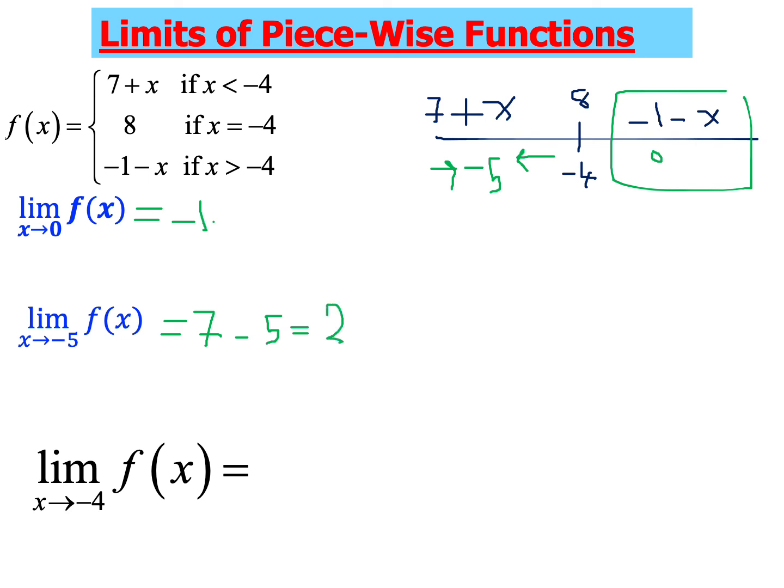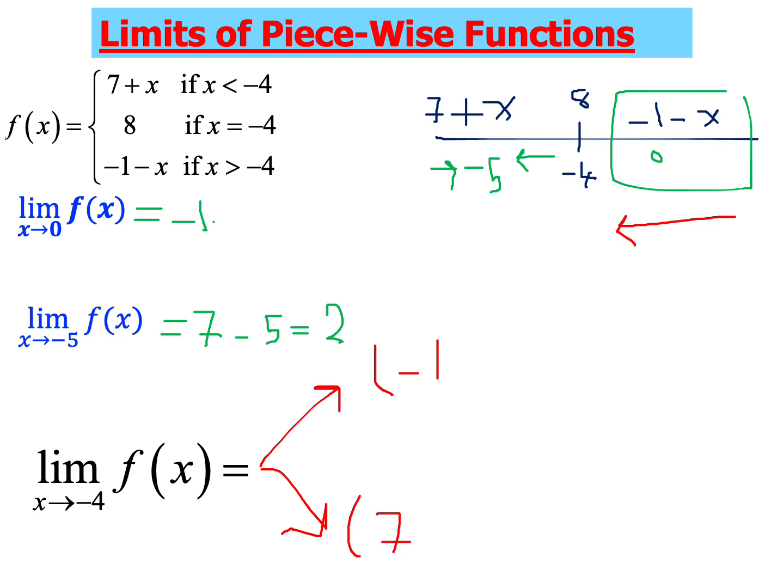Now, if I want to study the limit when x goes to -4, I have to study two limits, not one, because if I go from the right, I will use the function -1 minus x, and from the left, I will use 7 plus x.